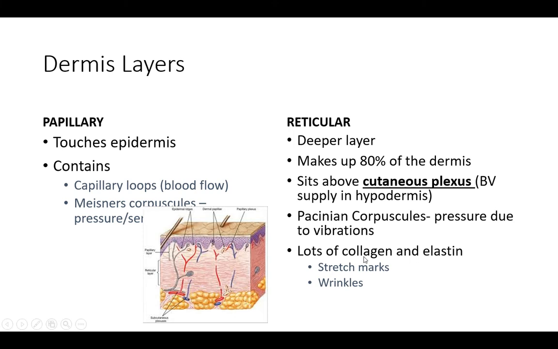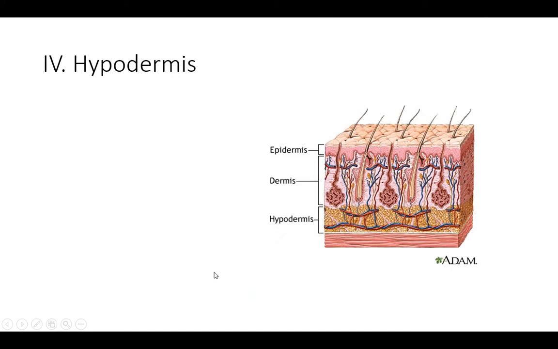When you disrupt collagen and elastin, if you've stretched them beyond capacity, or just over time as you get older, these proteins start to break down, we see stretch marks and we see wrinkles. If you have stretch marks or wrinkles on your body, that's really damage done to the collagen and elastin here in the reticular layer.